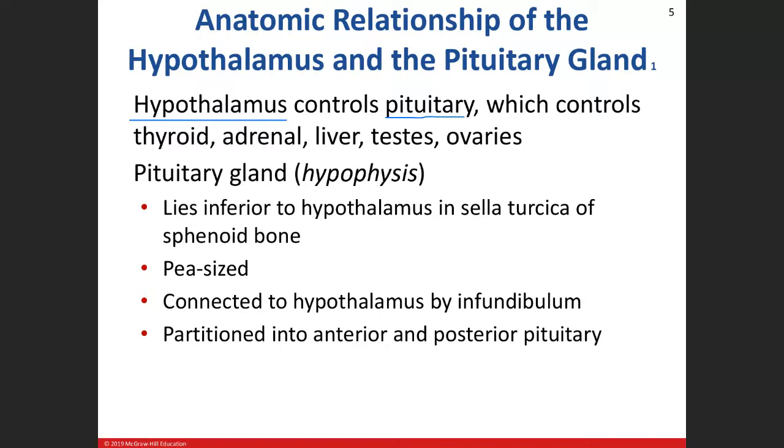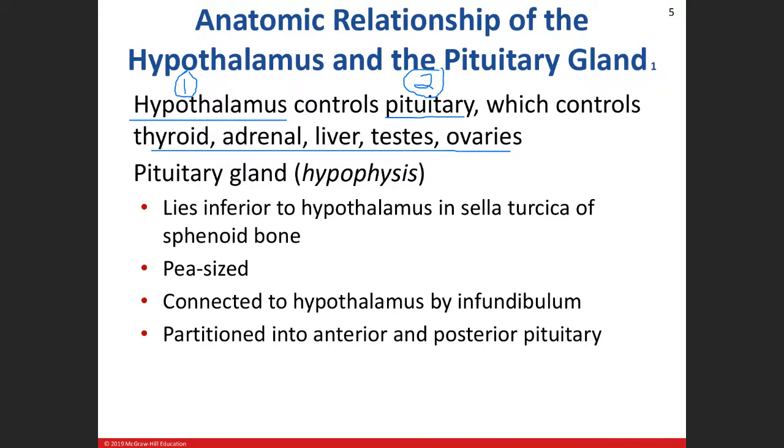And then below that, we have various other glands: thyroid, adrenal, liver, testes, ovaries. So if we were a military, the hypothalamus would be our commanding officer. Or if we're on a boat, the captain of the boat would be the hypothalamus, and the first mate is the pituitary gland. And then the thyroid, the adrenal, liver, intestine, and ovaries, those are like the crewmates.